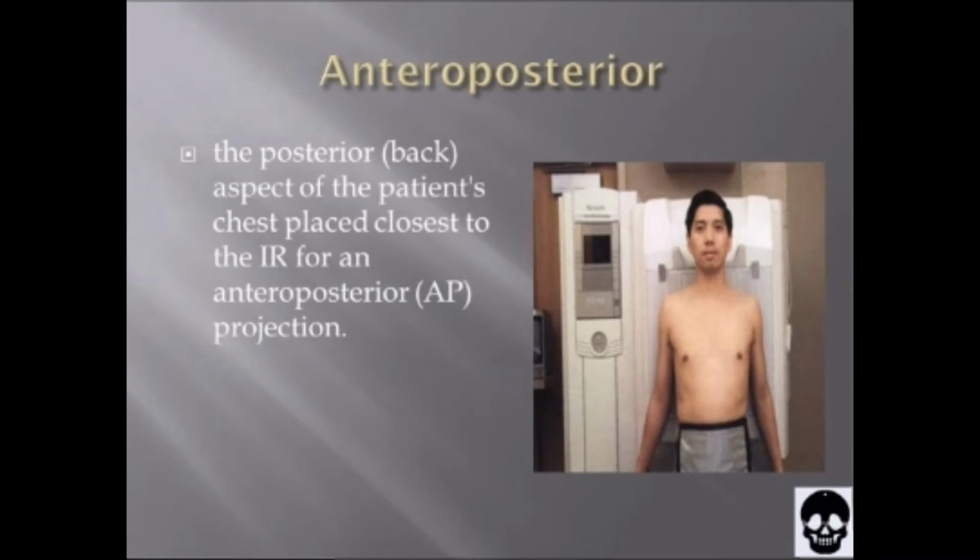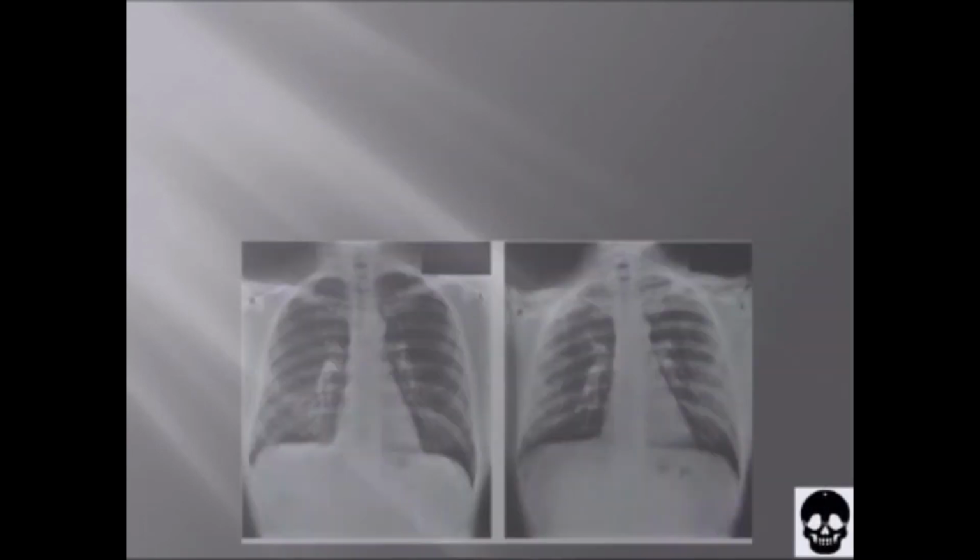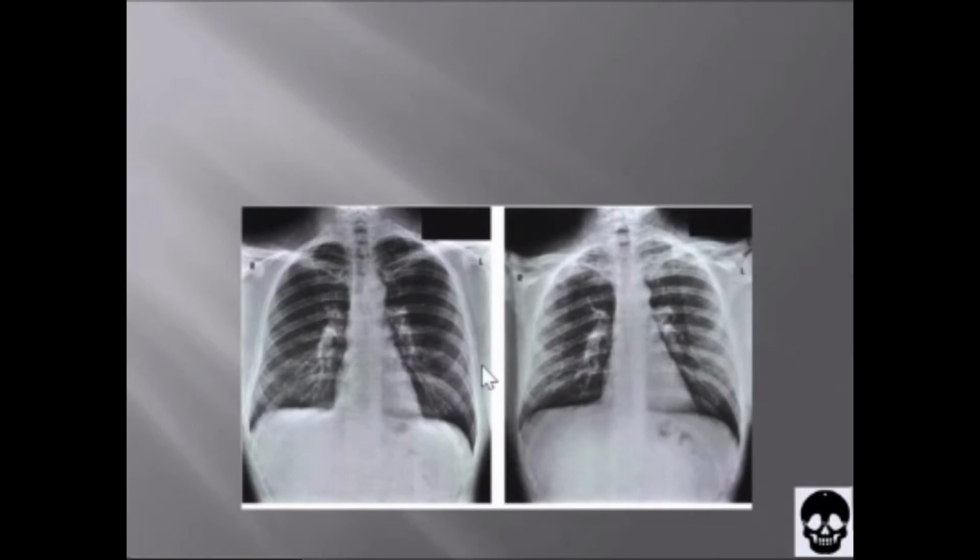Regardless of whether the anterior or posterior body surface is closest to the IR, the radiograph is usually placed in the anatomic position. This image represents the radiograph of the posteroanterior projection and the anteroposterior projection of the chest.